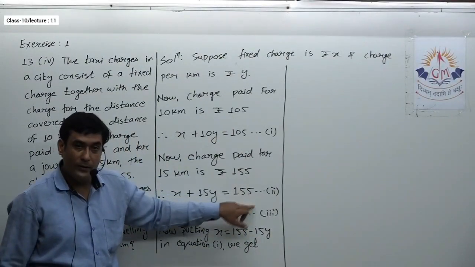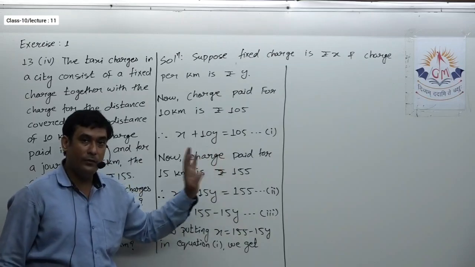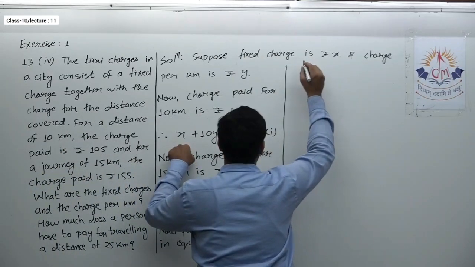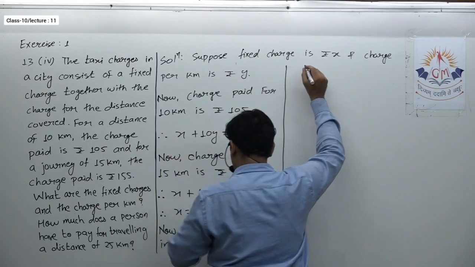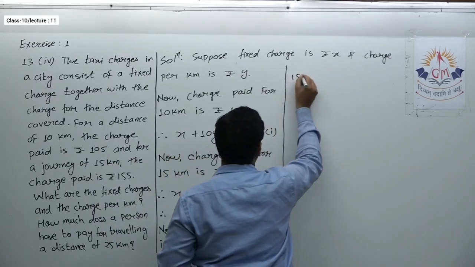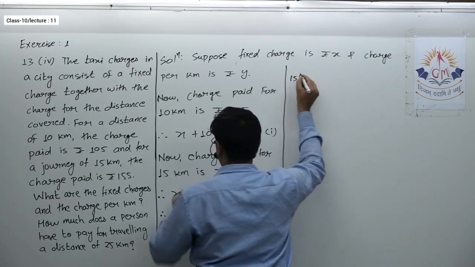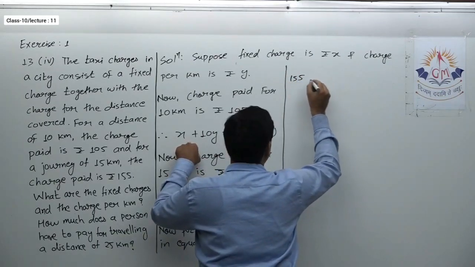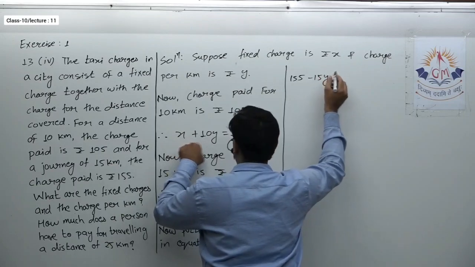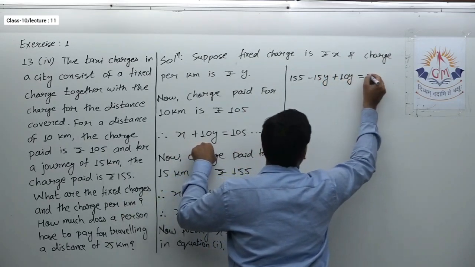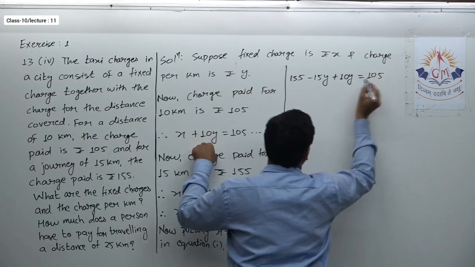Because I obtained this from the second, so I will put it in the first. So x plus 10y, in place of x I have to write 155 minus 15y, so this will become 155 minus 15y plus 10y is equal to 105.